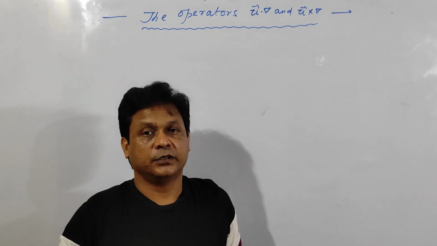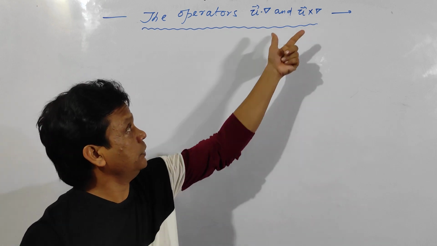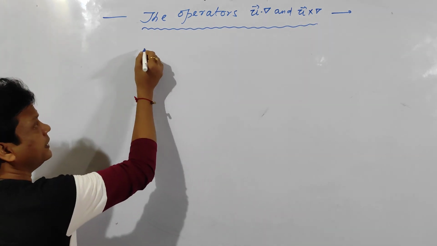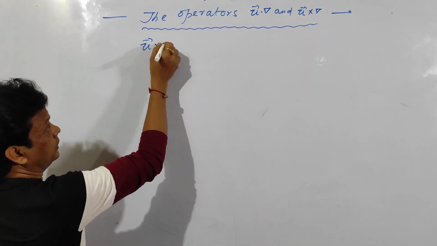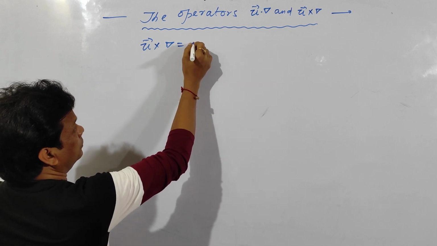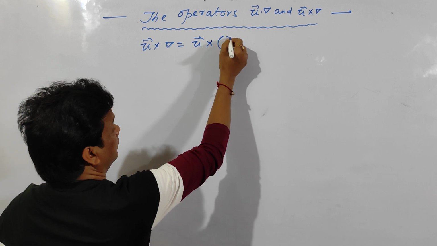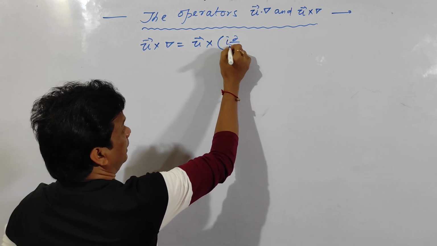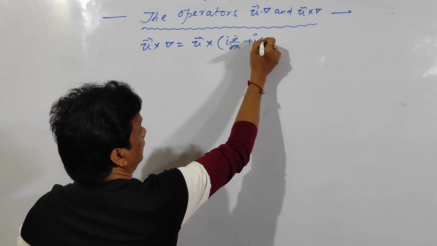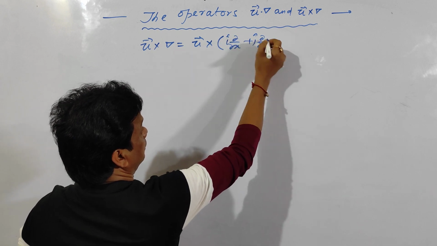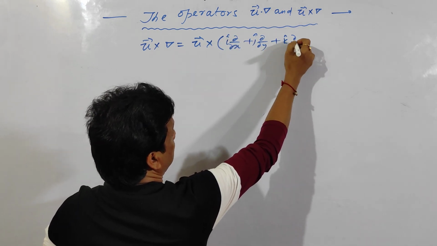Clear? Now see the second operator, u cross del. In the same way you should proceed. U cross del is equal to u cross (i del by del x plus j del by del y plus k del by del z), the del operator.